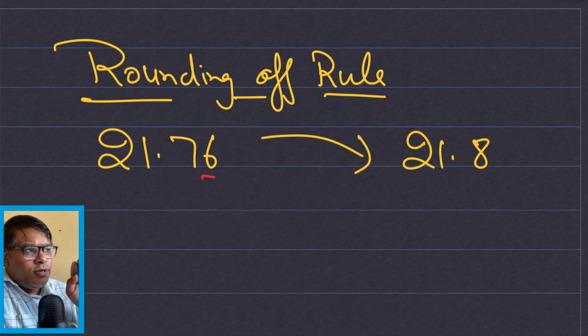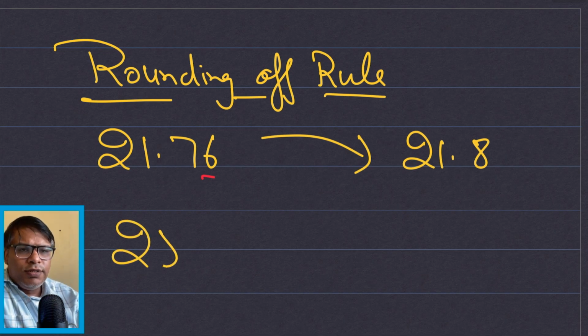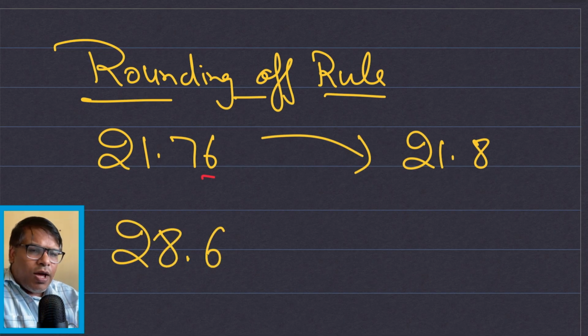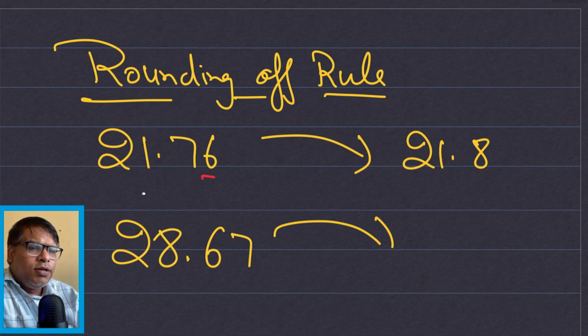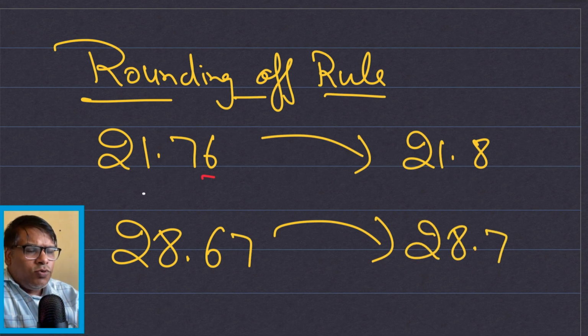If something is equal to 5 or more than 5, the next number will be rounded up. So your answer will be 21.8. If you have the number 28.67, you can round it off to 28.7. This rule you are going to apply, and it is quite simple.